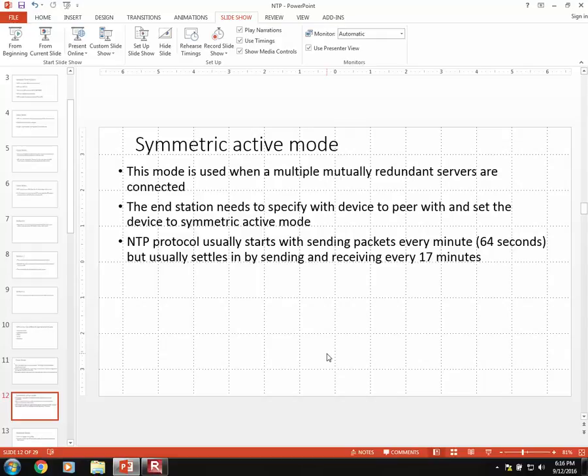In this case, the end station needs to specify which device to peer with and set the device to symmetric active mode. The NTP protocol usually starts with sending packets every minute, then settles in by sending and receiving every 17 minutes. So basically we don't want to put too much NTP time traffic on the network.